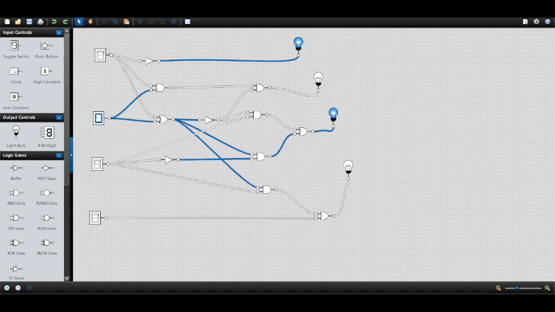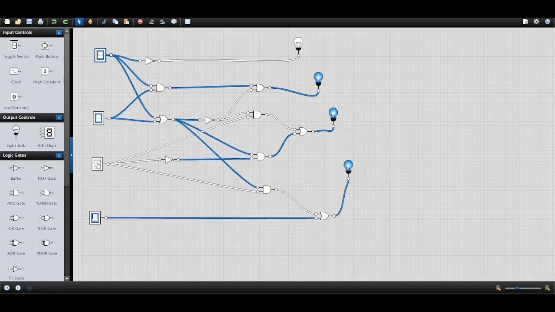What if C and D are 1 and A and B are 0? The output will be X and Y. What if all the inputs are 1? The output will be W and Y. The remaining two outputs will be 0.